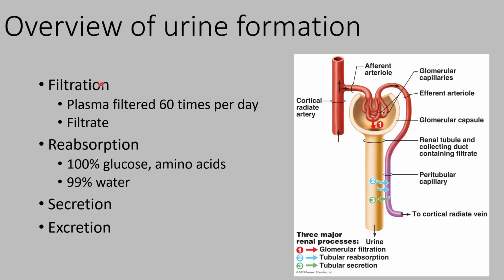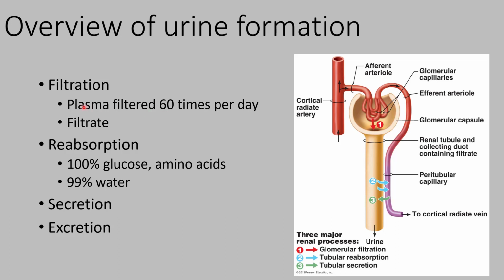Filtration is the process of moving most of the liquid part of blood from the glomerulus into Bowman's capsule. It only happens at Bowman's capsule. I guess we could also say it happens at the glomerulus inside of Bowman's capsule.